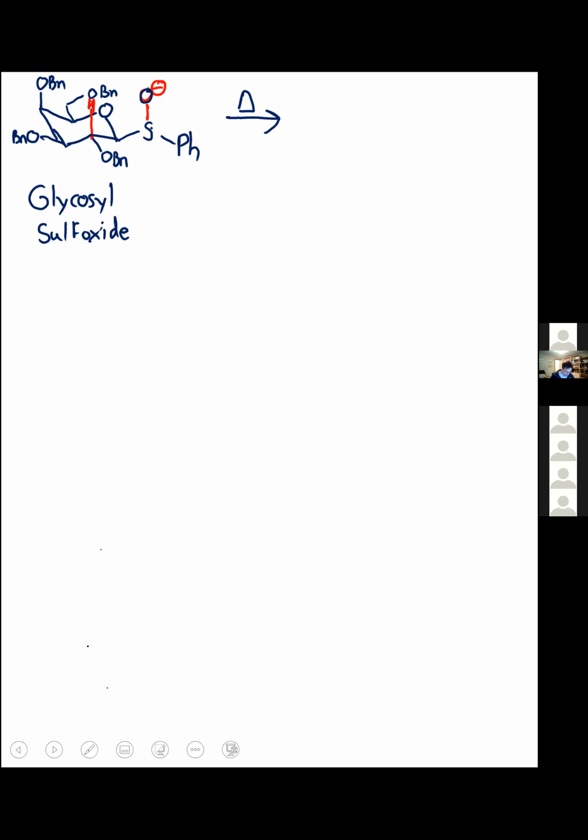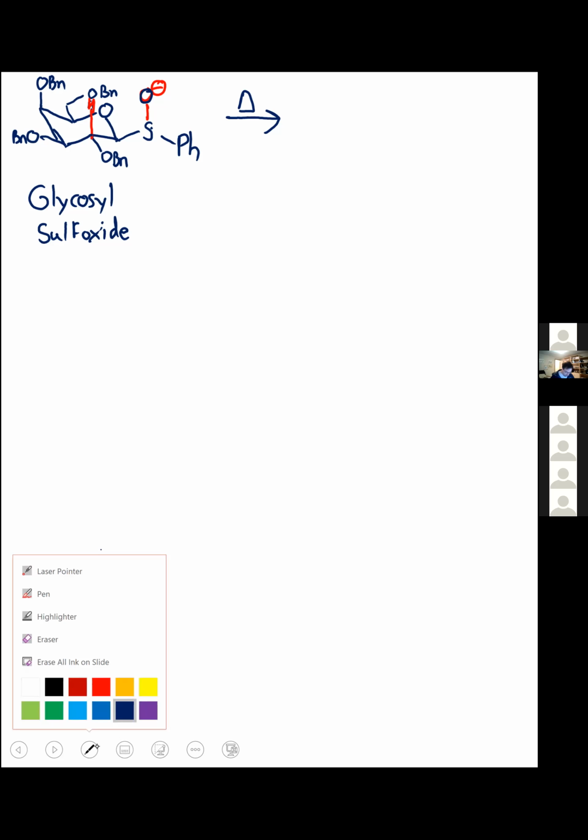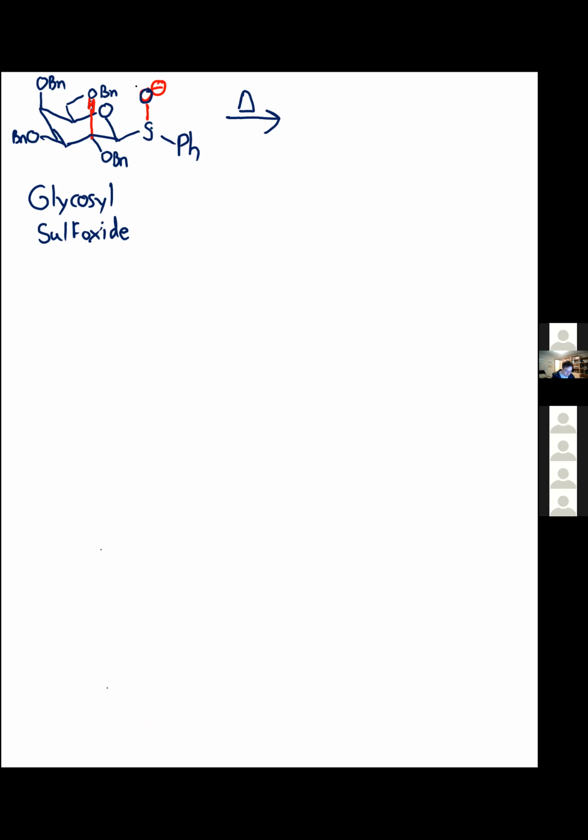So I'm going to change the color of my ink. No, I'm not brave enough to use the bright yellow. I'm just not. The sulfur oxygen grabs the hydrogen, which makes a double bond. Sorry, that's a positively charged sulfur, which pushes the electrons onto the sulfur. Oh, look, we just made a glycal.